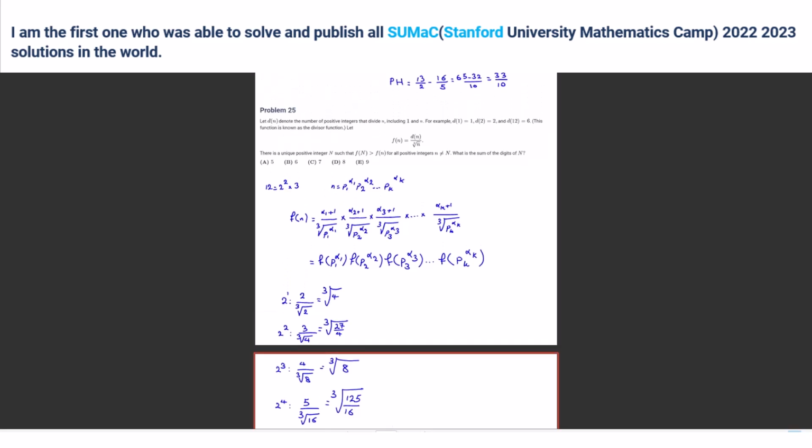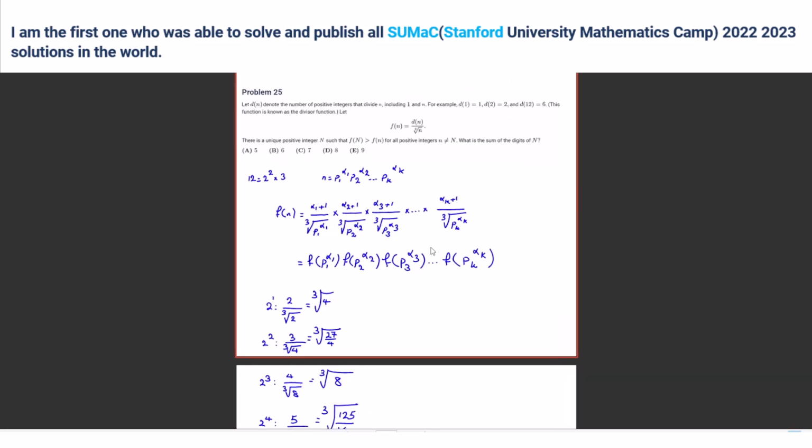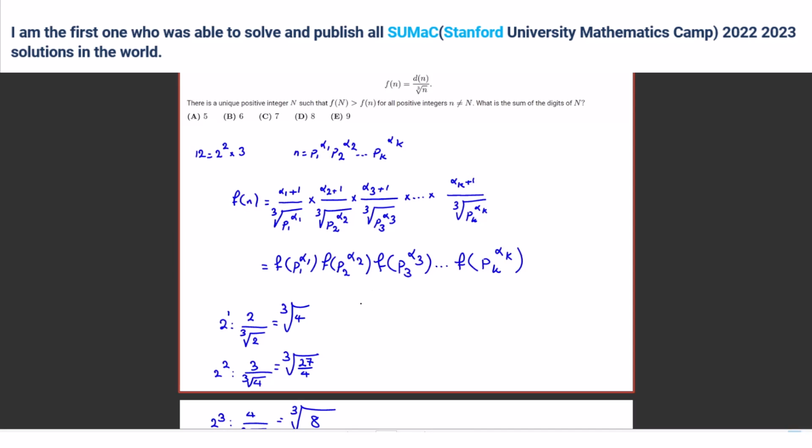So, for example, how can we make sure which prime we should check until? If the value starts to be less than 1, then it's not good. Okay, 3, let's see. 2 over cube root of 3, right?